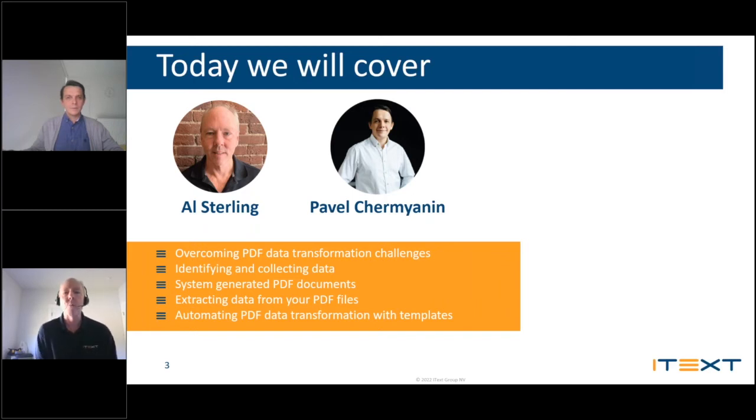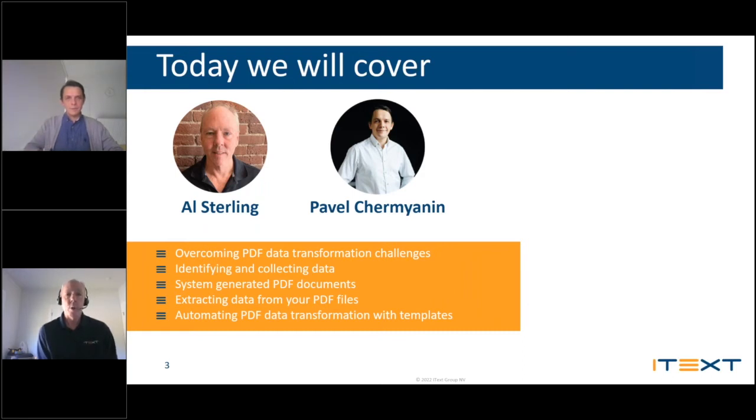A little quick peek of what we'll be going through today. We'll be talking about the data transformation challenges. Pretty much what that means is identifying what's important in your PDFs, being easily able to identify that and grab that data to hand off to other systems to do systems integration or whatever you have to do on the back end. So we'll talk about and show you identifying and collecting data.